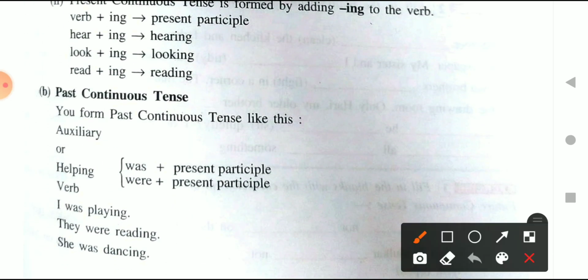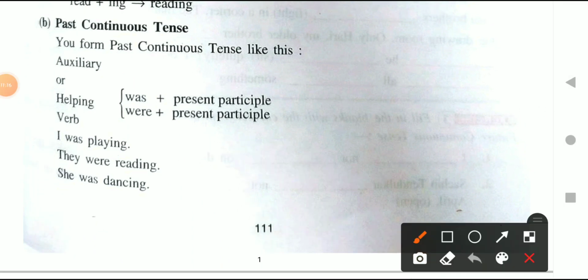Next we have how to write past continuous tense. How do we form the past continuous tense? First of all, we use an auxiliary or helping verb, and with that we also use the present participle.